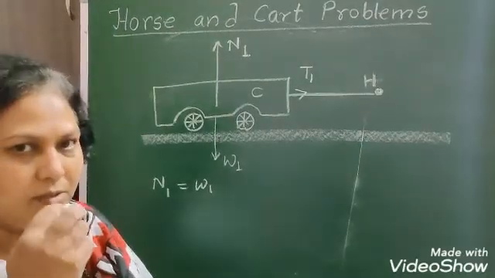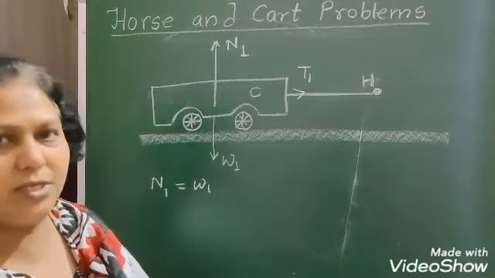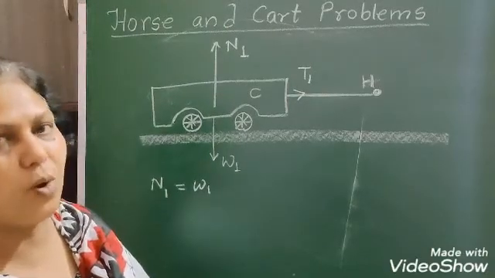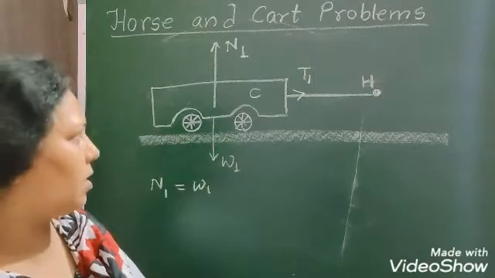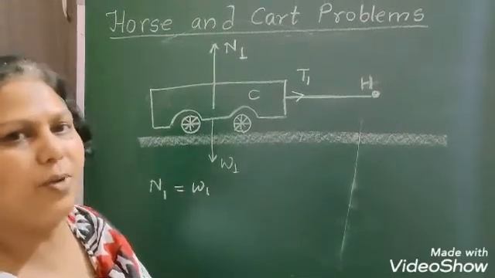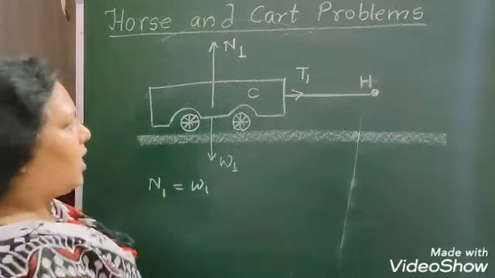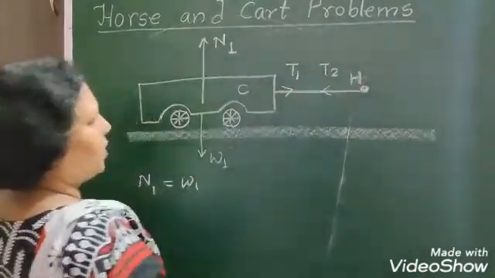So a tension will be created in the string, and that tension will be just equal to the force the horse is applying to the cart. And so the cart also applies a force on the horse, and that is equal to T2. Okay.